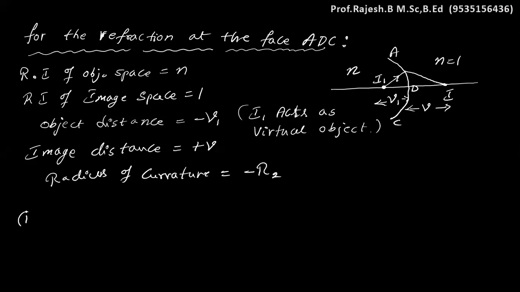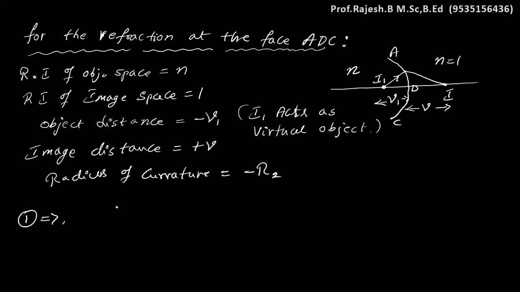Now substitute in the general formula, equation 1. It becomes refractive index of the image space, 1, divided by image distance V, minus refractive index of the object space, N, divided by object distance minus V1.